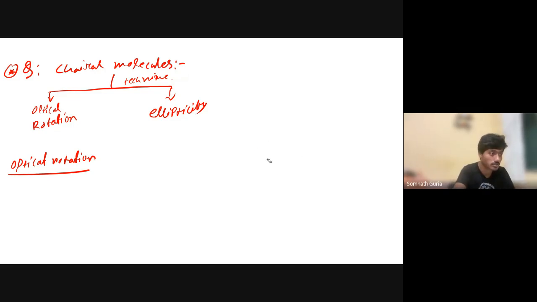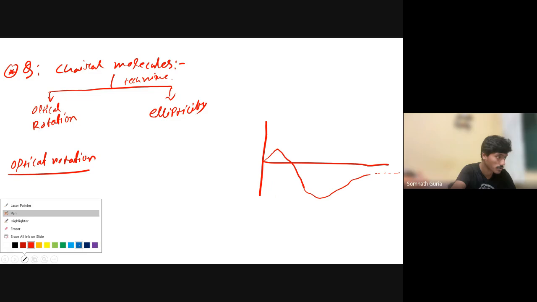We have optical rotation versus wavelength, with negative cotton effect and similarly positive cotton effect.